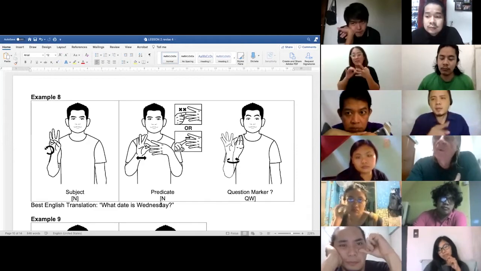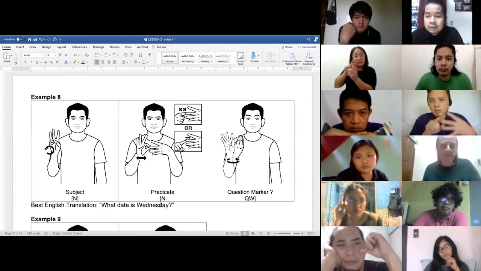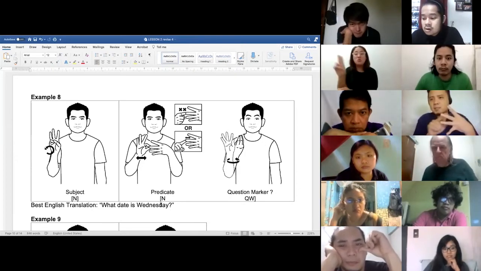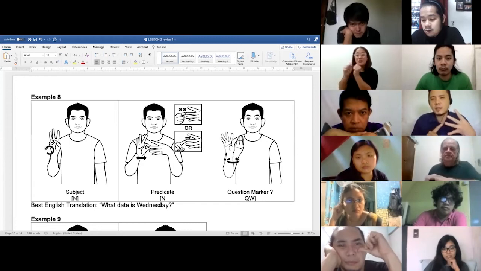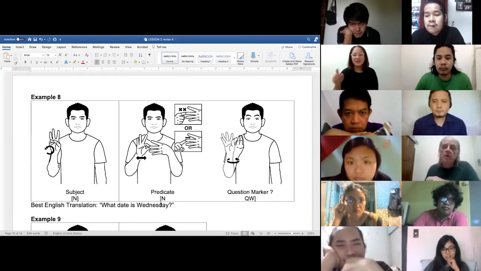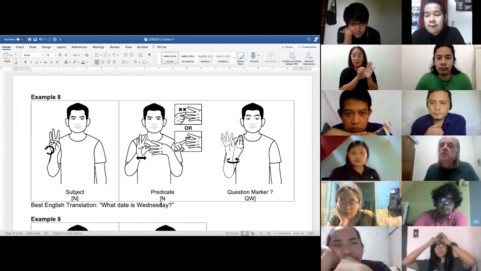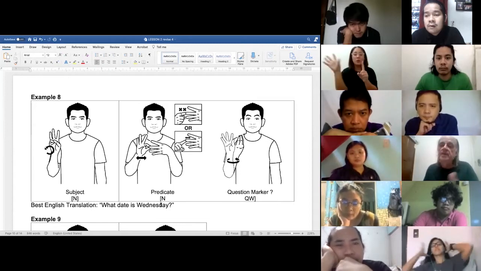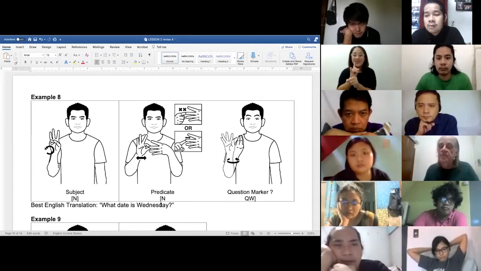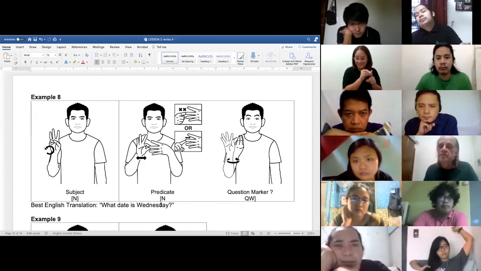But here it has to be explicit, because they use that actual sign and it means something. It has to be indicated somewhere. Well, for all the students, this is a good example of how the culture of deaf people in the Philippines is different from the culture of hearing people, how you ask different questions.